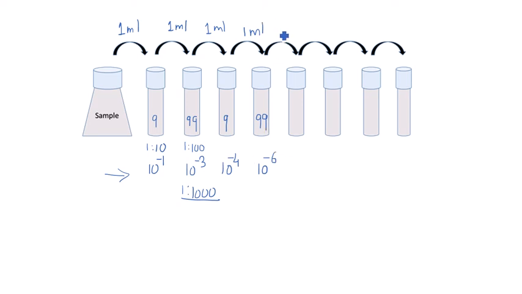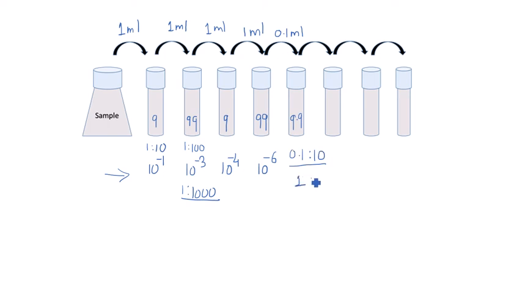Now let's say you take 0.1 ml. Not 1 ml, 0.1 ml, and you add it in 9.9 ml. So you're making a total of 10, but you're adding 0.1 in a total of 10. When we have a decimal, we want to remove the decimal, so you multiply both sides by 10.